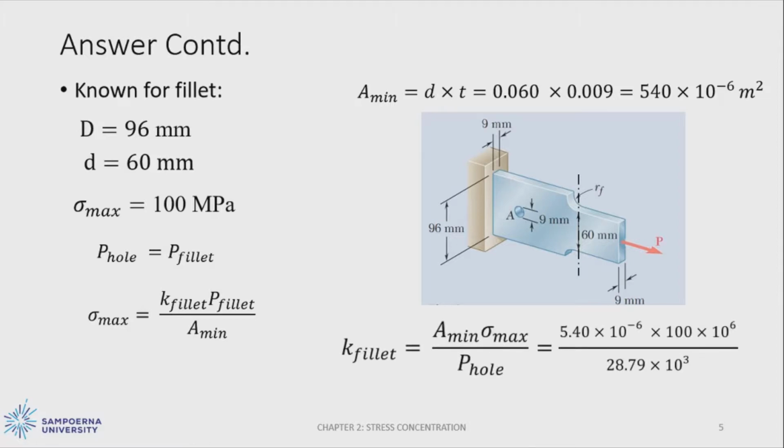So from this equation, K fillet equals A min times the maximum stress all over P hole, and the K fillet that we obtain is 1.88.